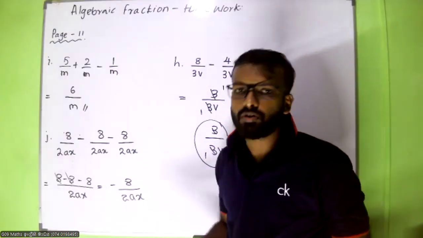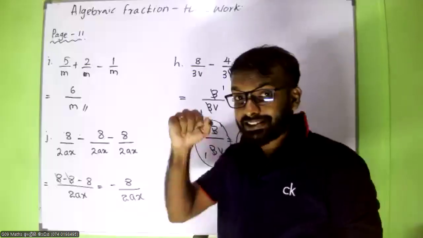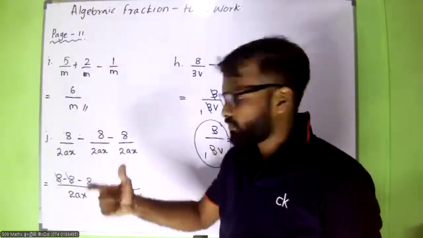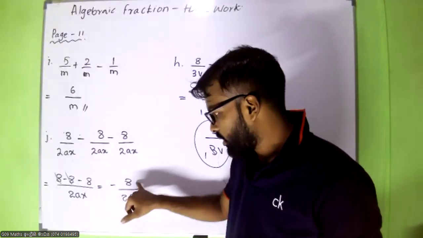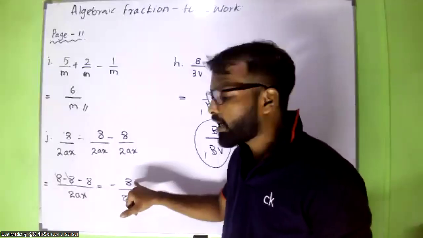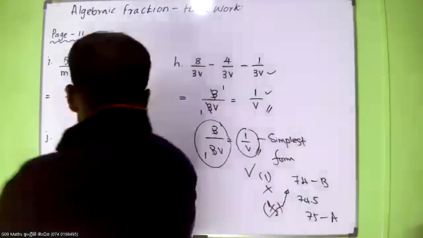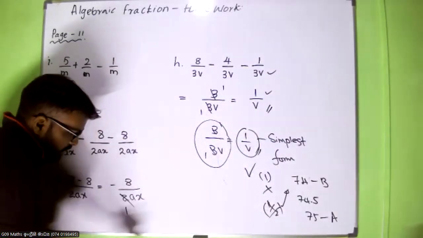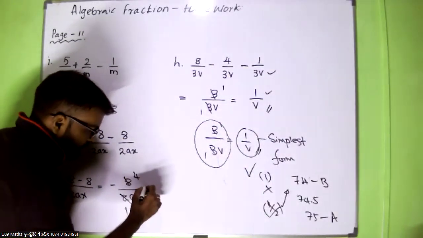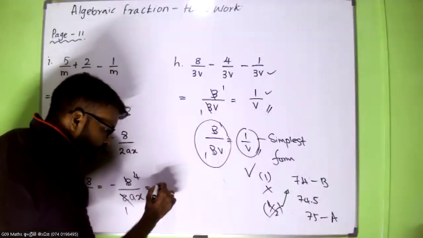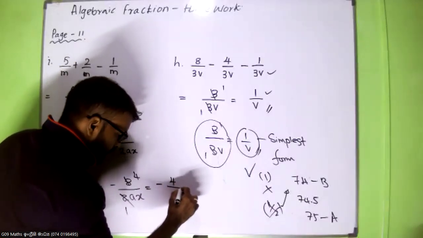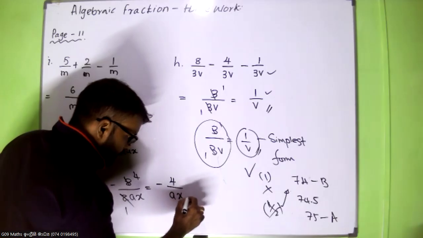No. So you can simplify this further. Here you have 2, here you have 8. So 8 can be divided by 2. Both are even numbers. So you need to simplify. 2 times 1, 2 times 4. So your final answer will be minus 4 upon ax.